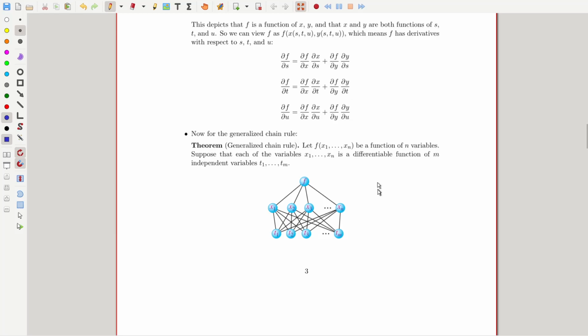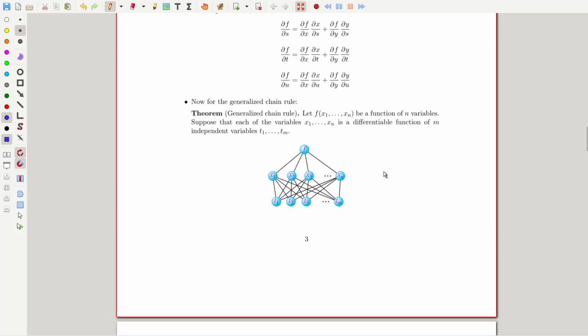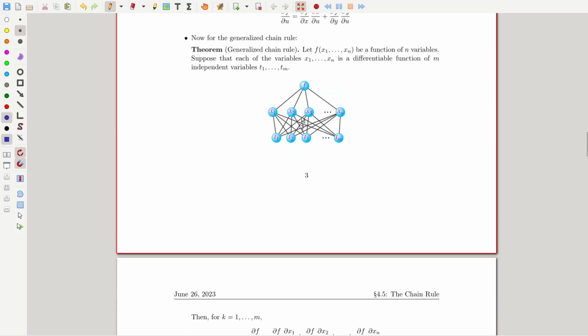Okay, so for the general chain rule, it's the same idea, basically, just generalized to arbitrarily many variables. In this case, it only has 2 layers, and I show you that you can do it with more layers as well.